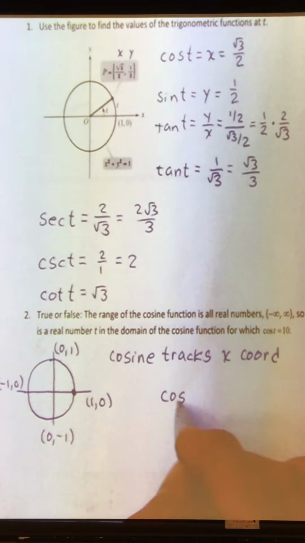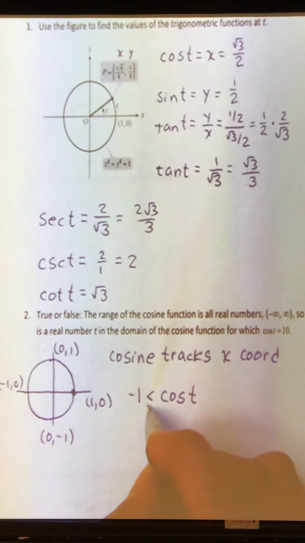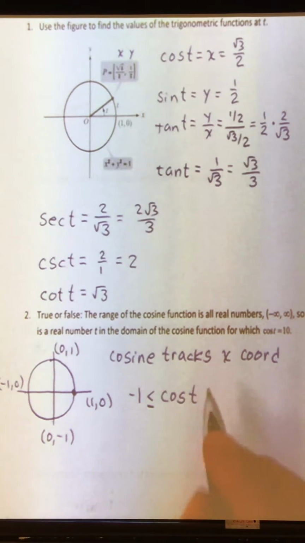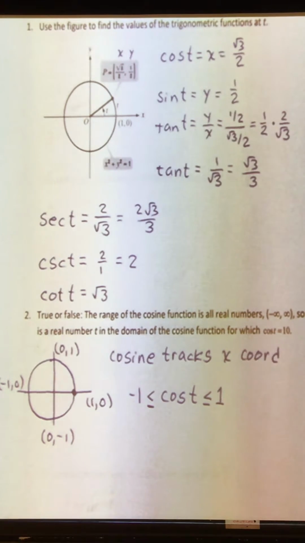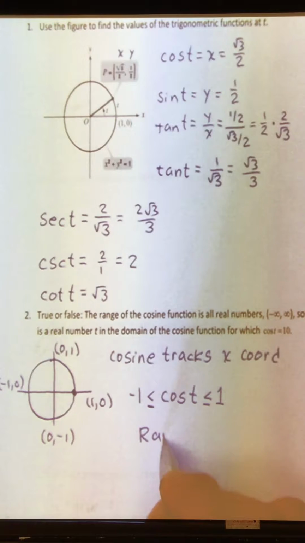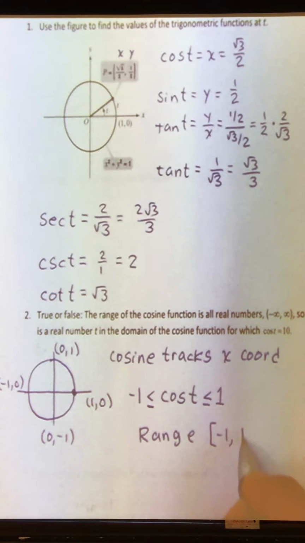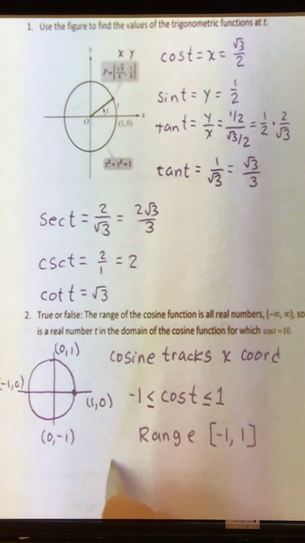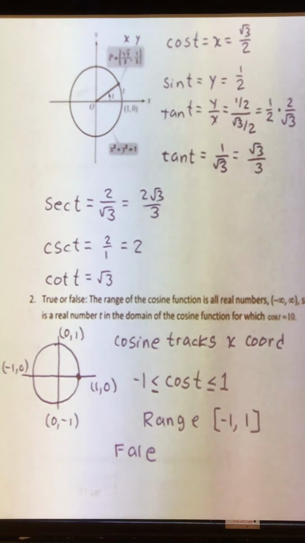So the cosine of the angle is trapped between -1, and it can reach -1, so equal, and it can reach as much as +1. So the range, as you can now see, is the closed interval -1 to +1. So the given statement there is completely false. Work the problem through.